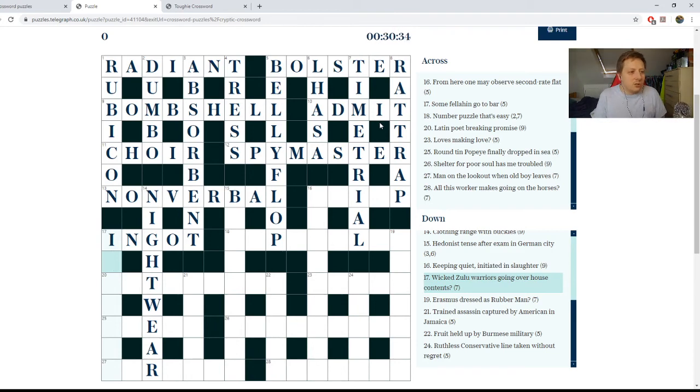17 down. Wicked Zulu warriors going over house contents. Yeah, at least that wasn't the answer for Lion, because not a word I've heard of. Wicked Zulu. So Zulu usually means Z, because it's one of those alphabet words. Is it NATO? I think Z is that.